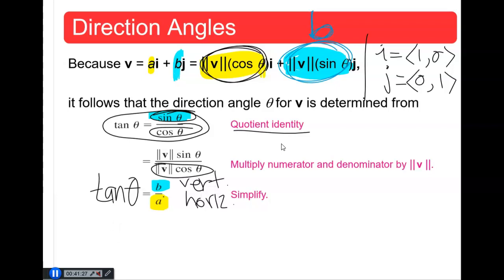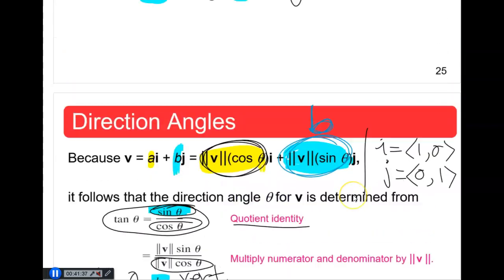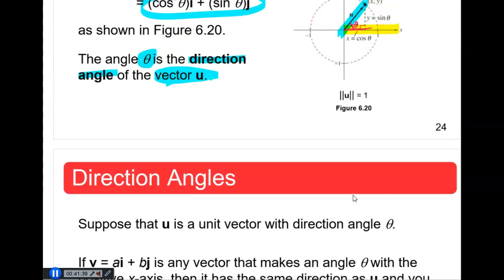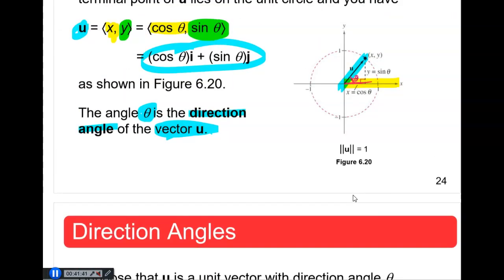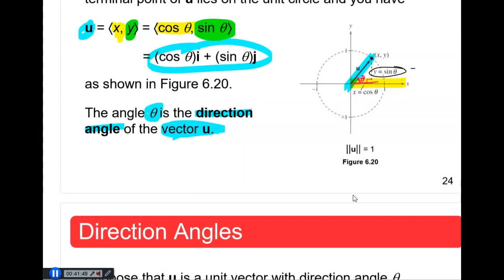So to find theta, that will be the tangent inverse of the ratio B over A. And we use B over A because if we look at the drawing here we have Y, but another way to represent that will be B. And then here for the horizontal component, that will be A.